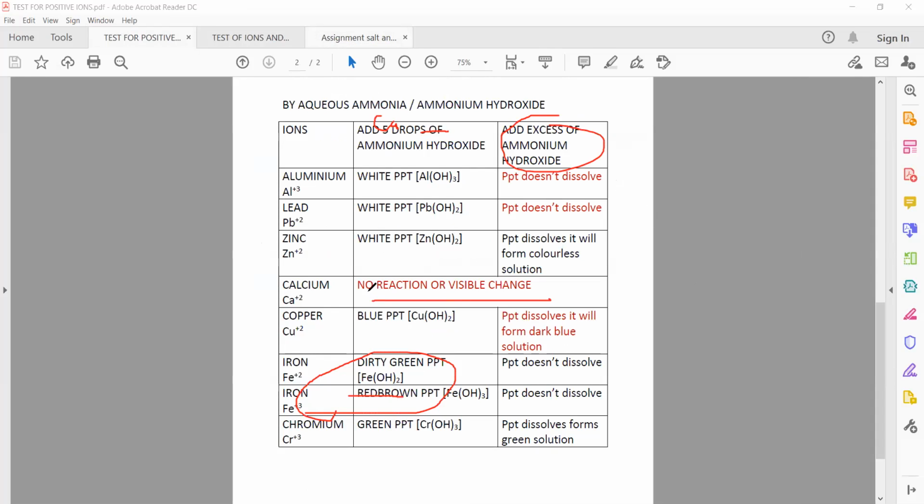If you write no change for precipitate, that's not acceptable. With calcium, you should mention that it does not react. If it does not react, there is no precipitate. So: no precipitate, no visible change, no reaction. But you cannot say the precipitate does not dissolve, because calcium does not give any precipitate with aqueous ammonia.